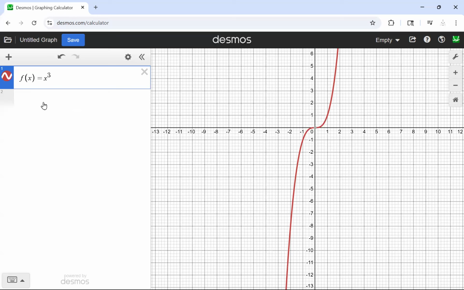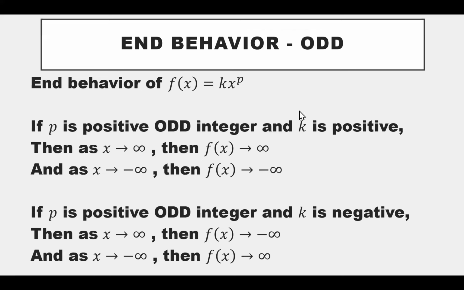And it does the reverse if we put a negative in front.